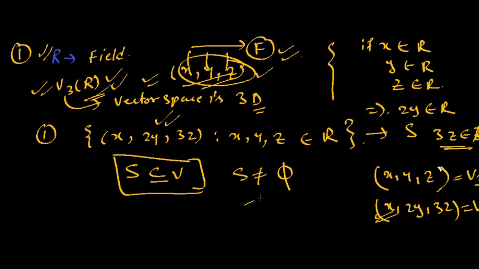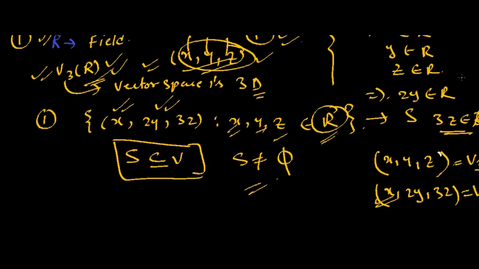Like if R is the set of real numbers, and we are taking these elements from the set R, then there will be some elements. So S is not an empty set.